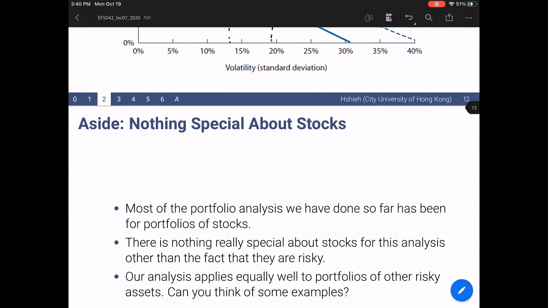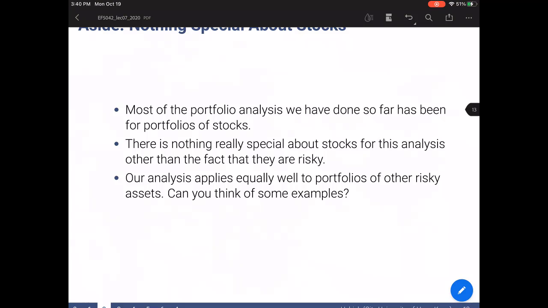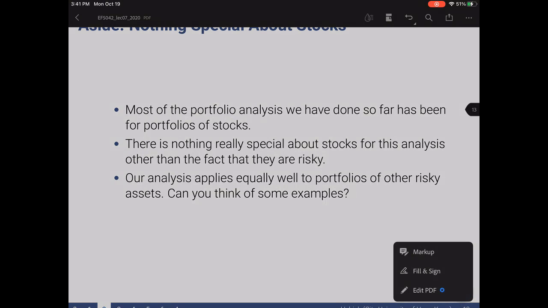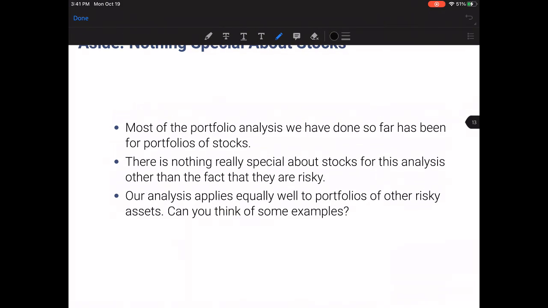Okay, so an aside I want to talk about is that this capital asset pricing model, or this portfolio optimization math, is not restricted to simply equities and stocks here. We can definitely apply the same math to any other asset that can be quantified in terms of returns and volatility. Anything such as real estate, right?